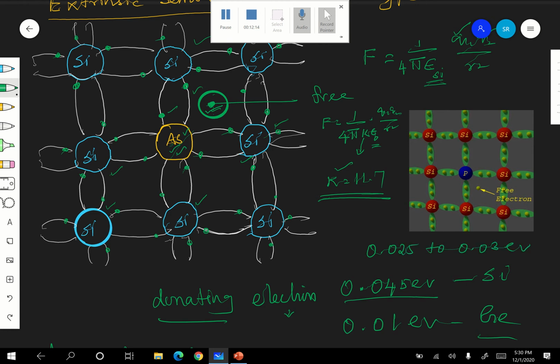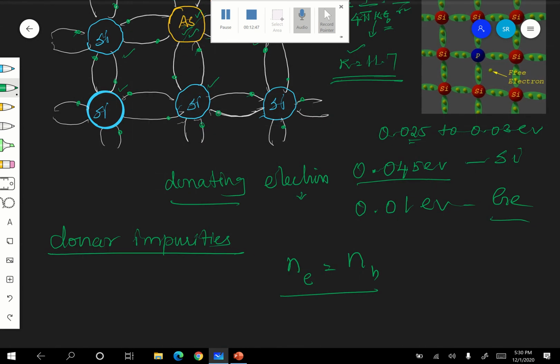So this energy is very much comparable to the thermal energy, a slight more, let it be. Therefore, as many electrons as there are donor atoms will be available in the conduction band as extra electrons for conduction.